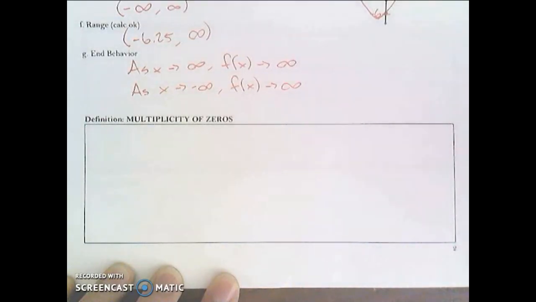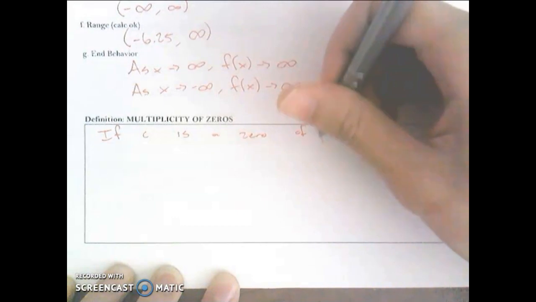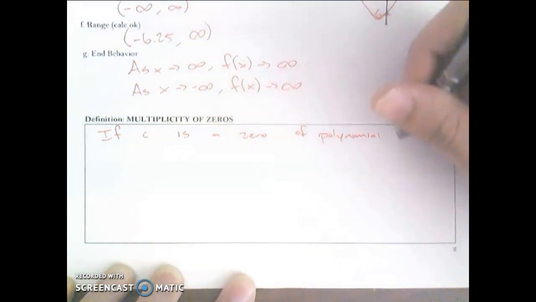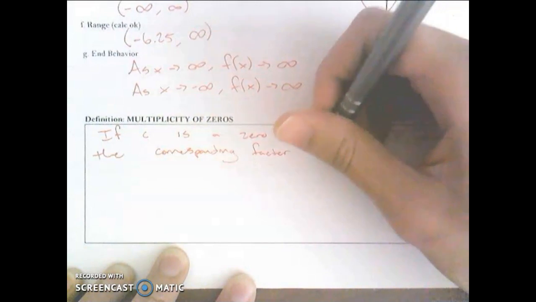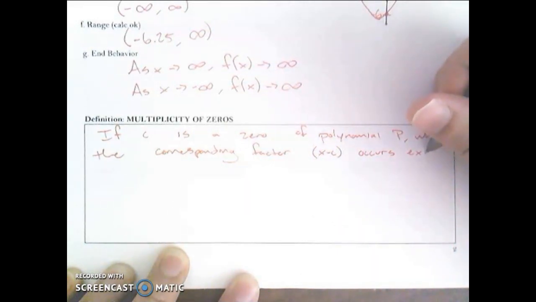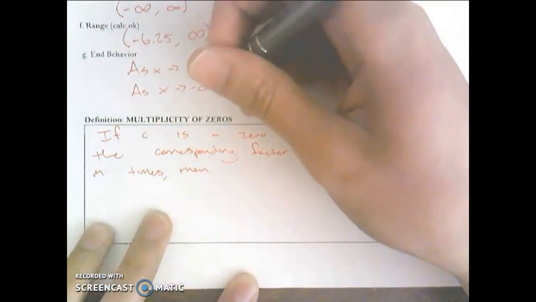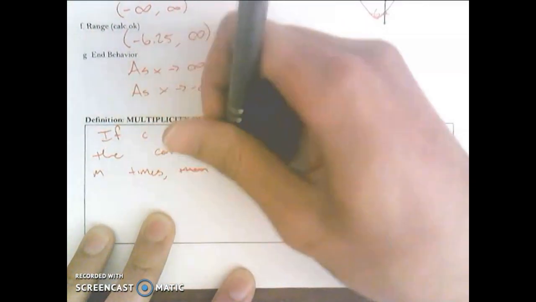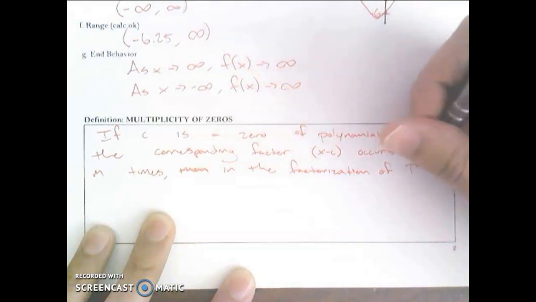So let's formally define what multiplicity is. We can say that if c is a 0 of a polynomial p, where the corresponding factor is the quantity x minus c, and that factor occurs exactly m times in the factorization of p, then c is a 0 of multiplicity m.